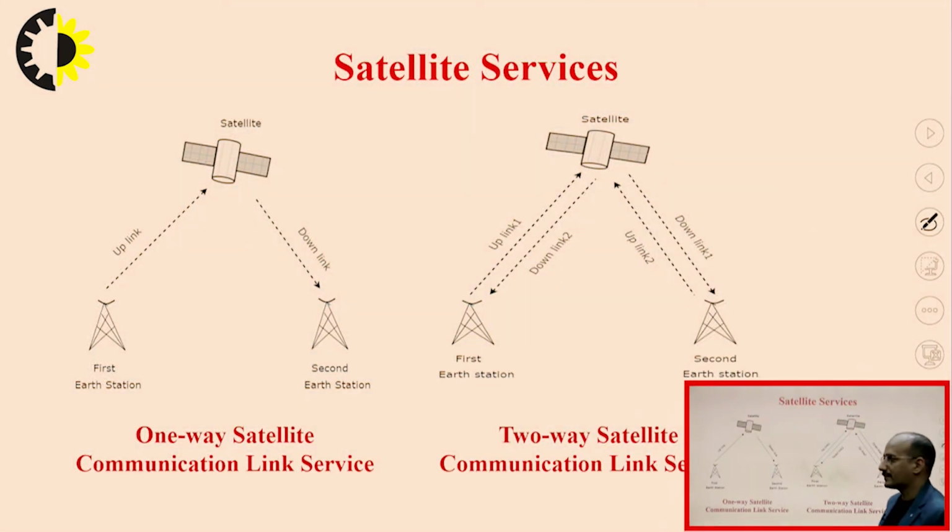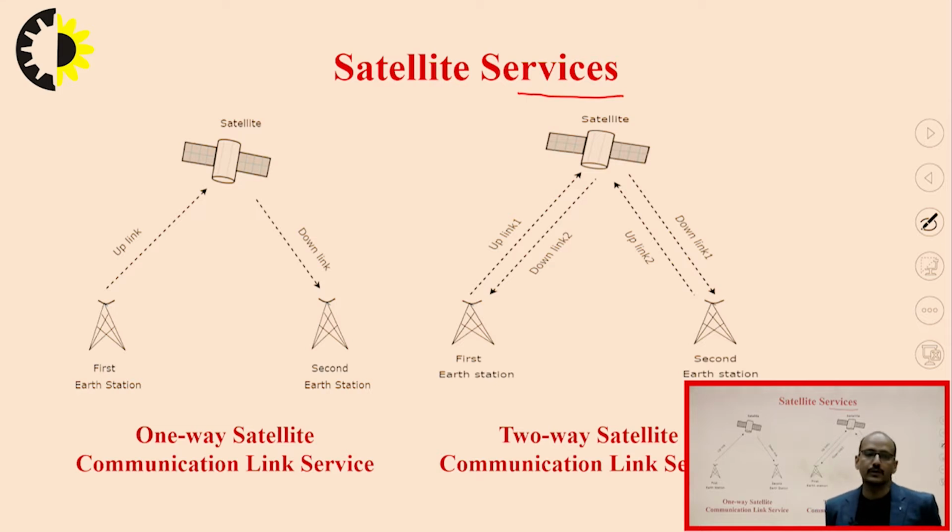Basically, service, as you can easily understand by this word, is a specific task that is performed by the satellite. As per the links, as I told you, a satellite has two types of links, uplink and downlink, and the uplink frequency is always higher than the downlink frequency.